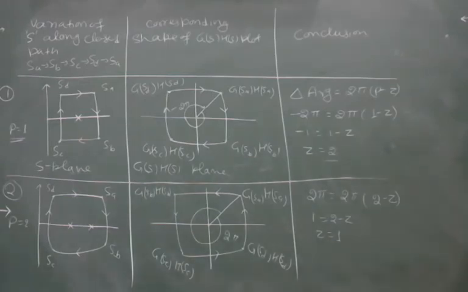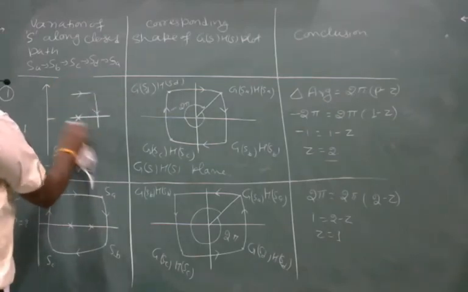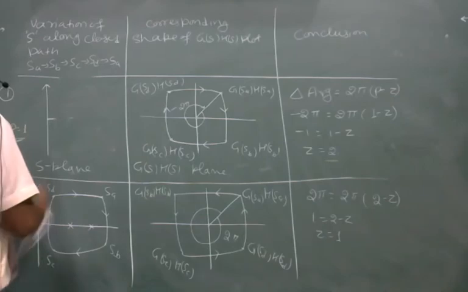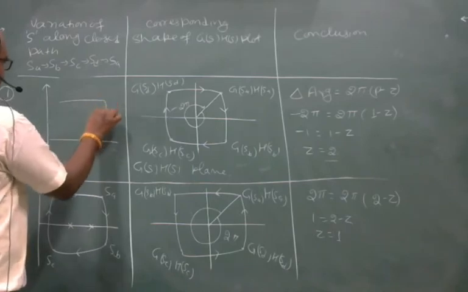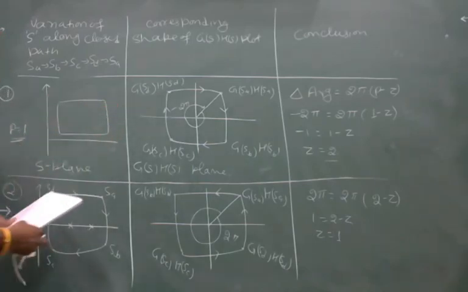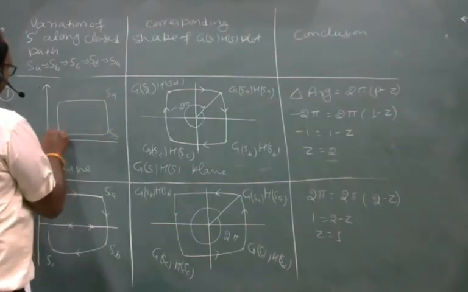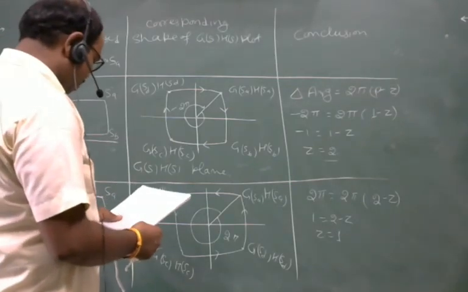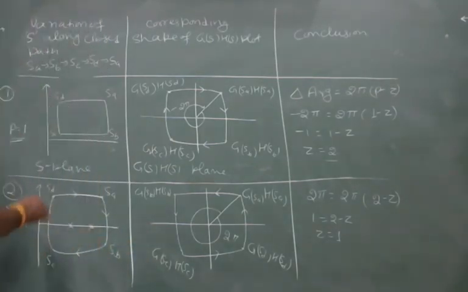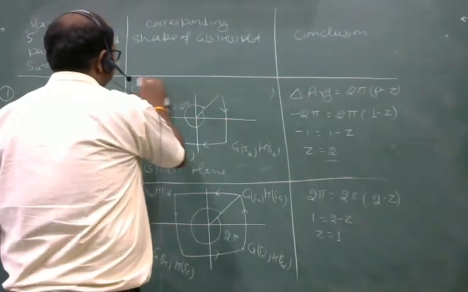The third condition is, if I have sA, sB, sC and sD and no pole or zero is inside this, and the diagram is like this.